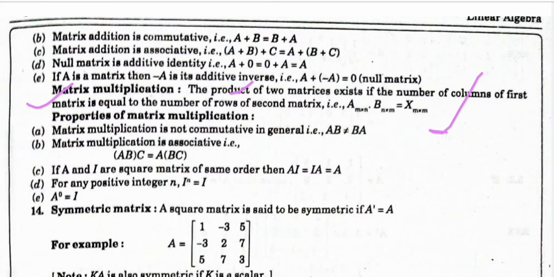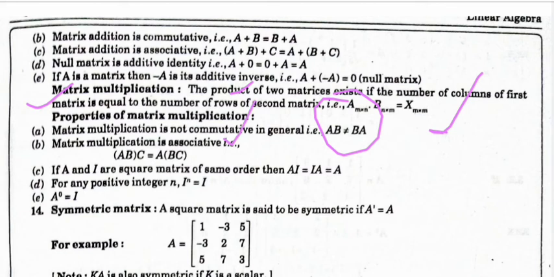The properties of matrix multiplication are defined as follows. Property A: multiplication is not commutative in general. Yes, it is right, because we can't prove A into B is equal to B into A. Property B: it is associative. Yes, it follows the associative rule.